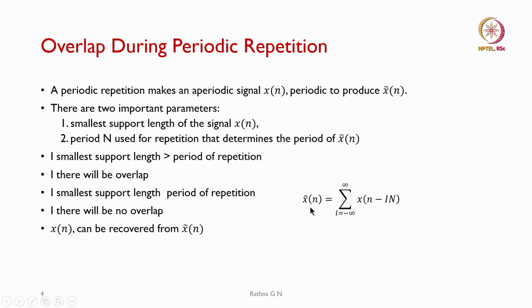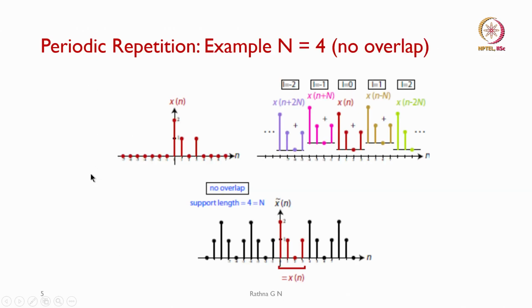So, how do we represent our x tilde of n? x tilde of n is equal to the sum over l from minus infinity to infinity of x of n minus lN. So, l will be defined with these parameters. To show how the periodic repetition is going to be, consider the no overlap case, and N is taken as 4. This is our x of n, then what happens to the repeated signal at l equal to 0.